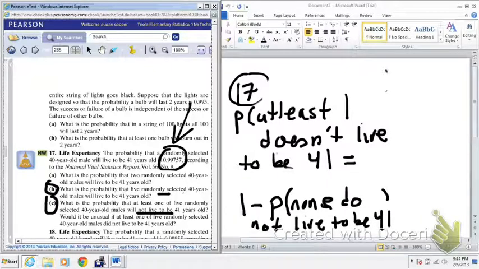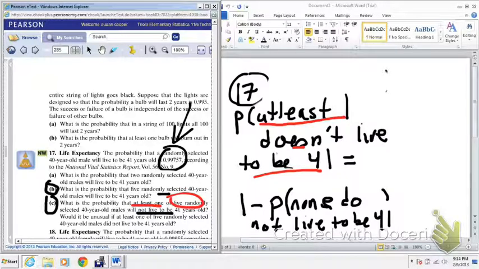So I really want to strongly encourage you with this kind of problem, and I'm even going to highlight this in another color. Whenever you see the words at least one, the trick is you use the complement rule. You do so because at least one means one or two or three or five of those five randomly selected males.